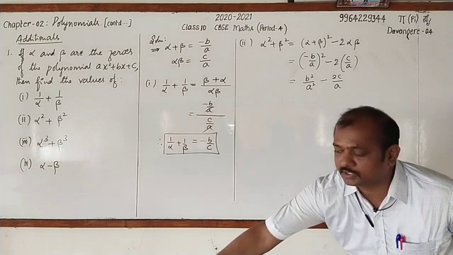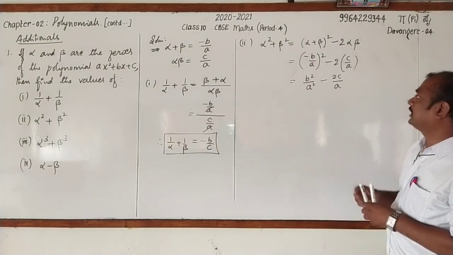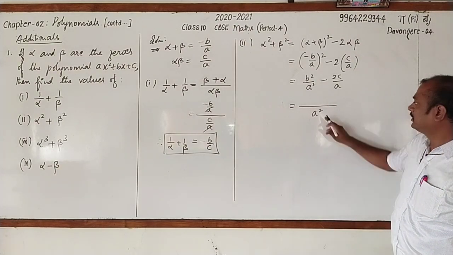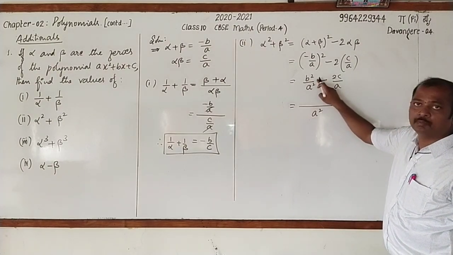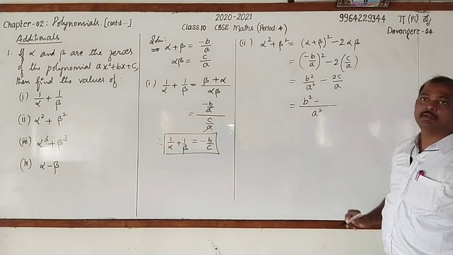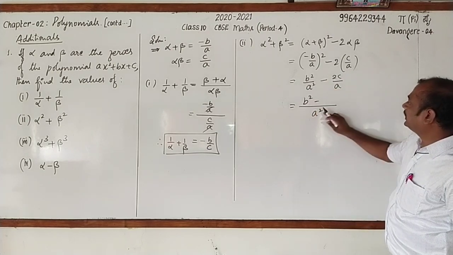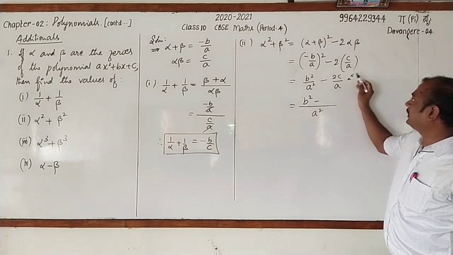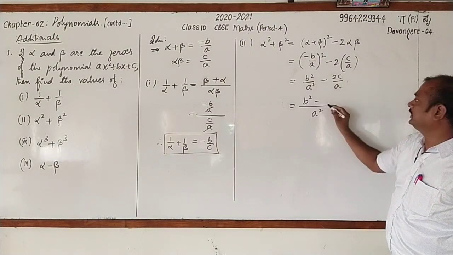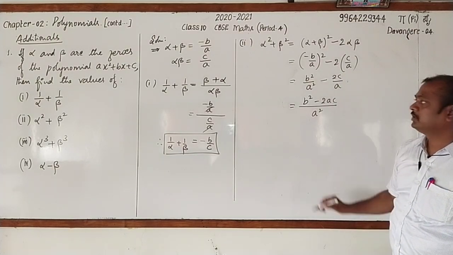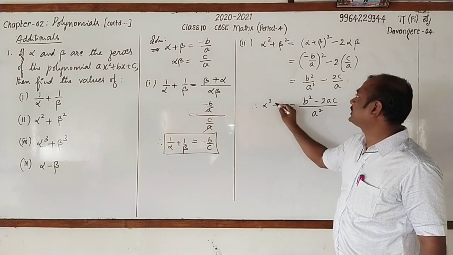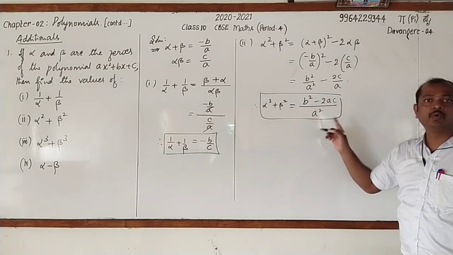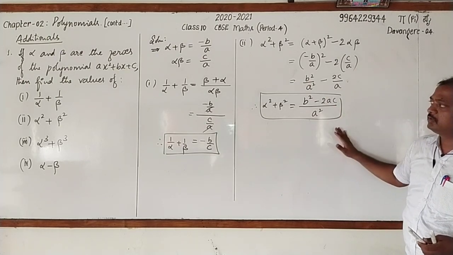Now, you can take the LCM of the denominators. What is the LCM? It is a square, right? Multiply a square with the first term. Both get cancelled. B square will remain. Minus. Then, multiply a square with the second term. Here, a gets cancelled. A will remain. So, a into 2c is nothing but 2ac. Therefore, alpha square plus beta square is b square minus 2ac whole divided by a square. Followed?